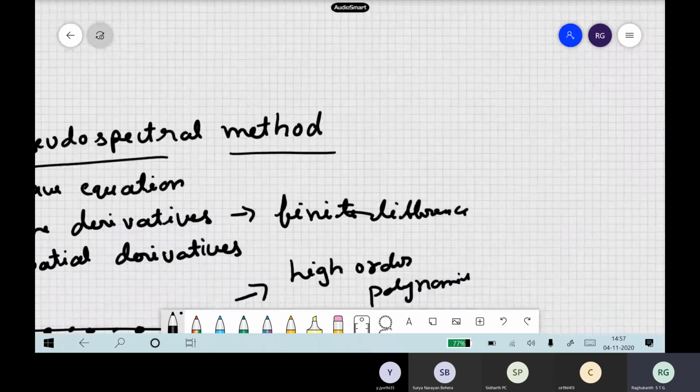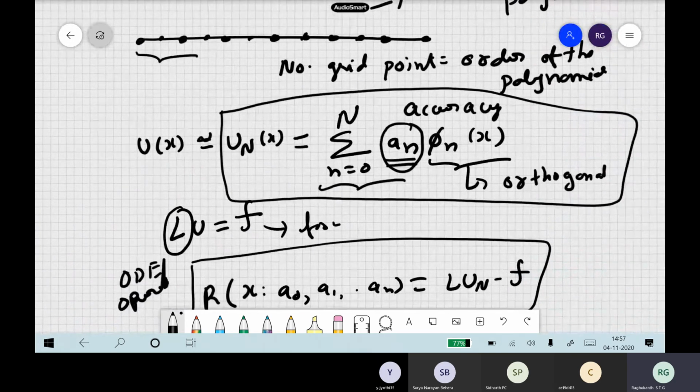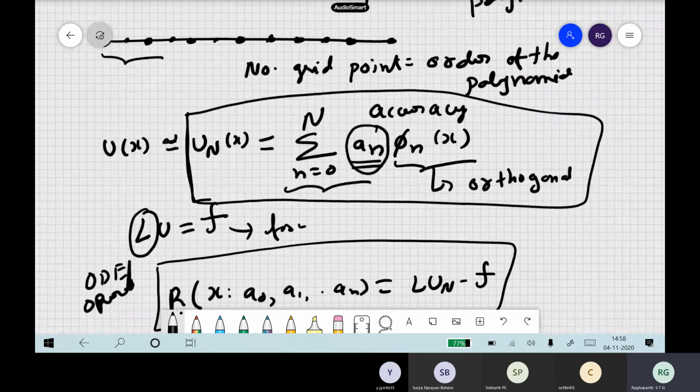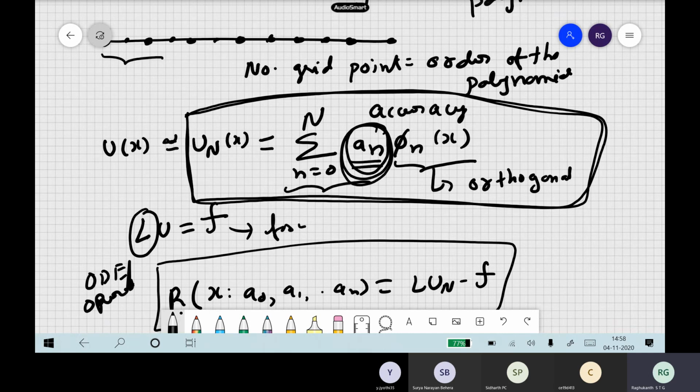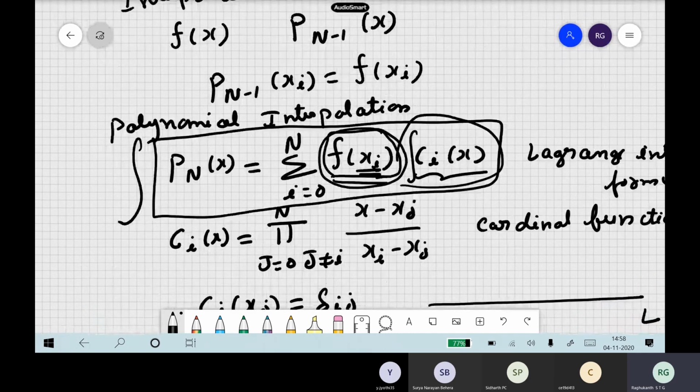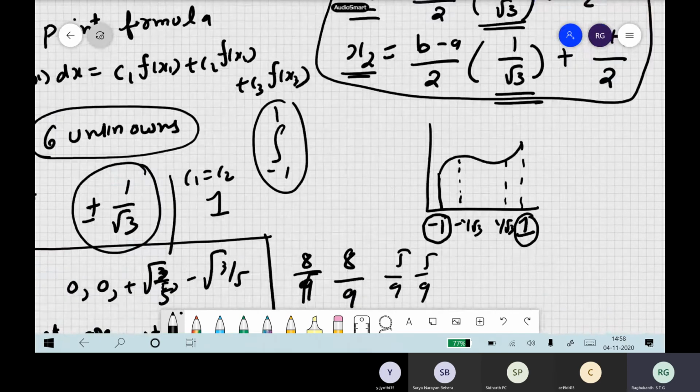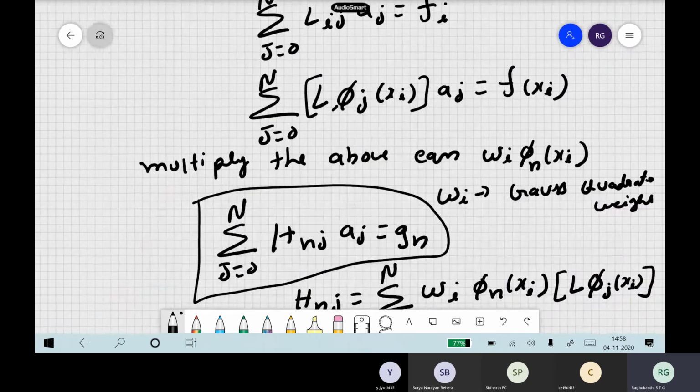There are two ways, as I already told you. One way is you represent your displacement or your function in terms of orthogonal polynomials. You substitute this in the equation, and then you solve for the an, that is the coefficients. Now in cardinal functions, what's the greatest advantage you have?